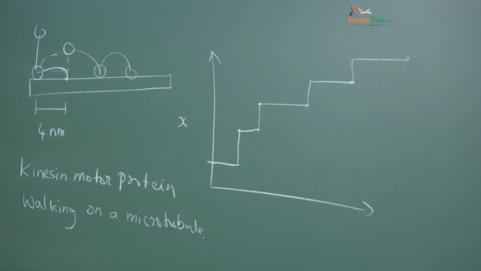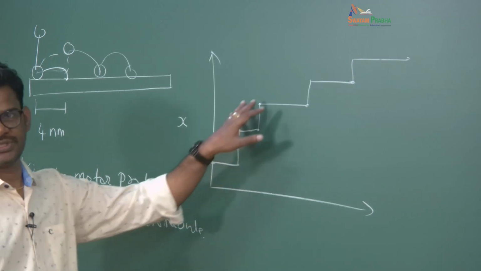So using optical tweezer or high resolution microscopy, when they look at the dynamics of this motor protein, this is the kind of trajectory that you see, okay.